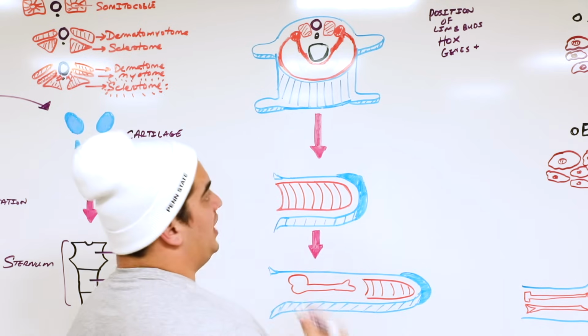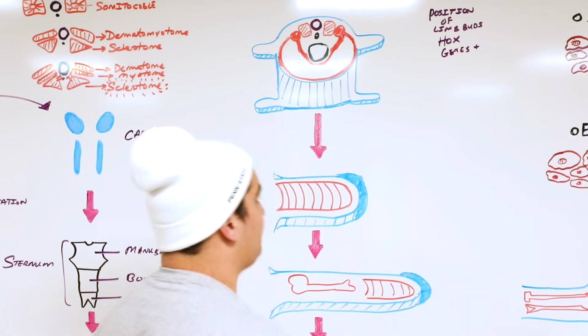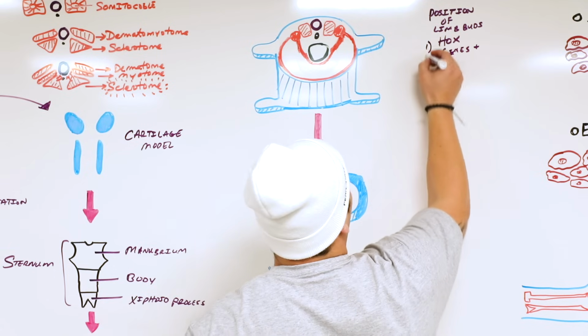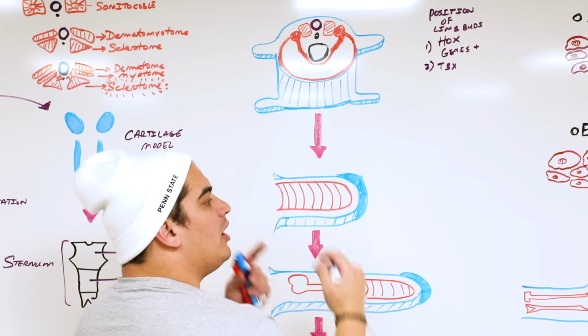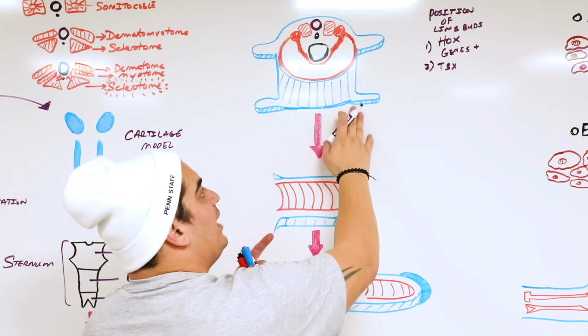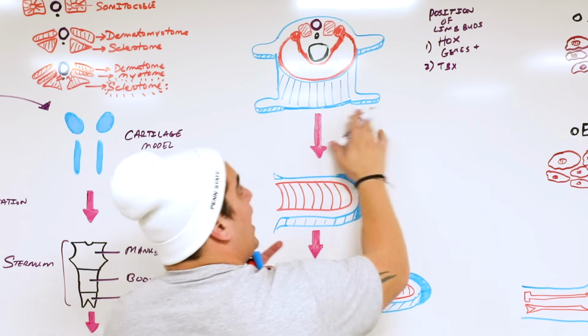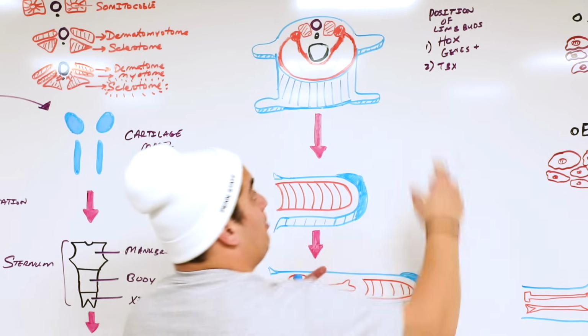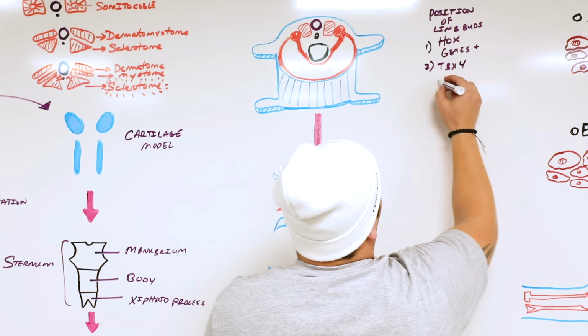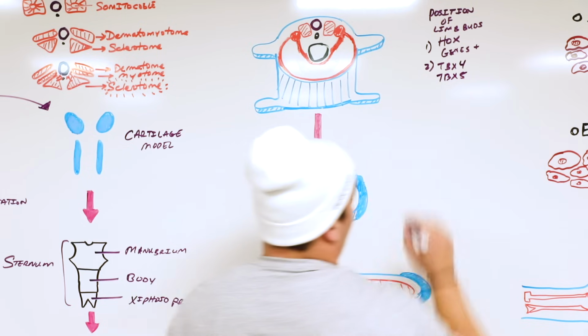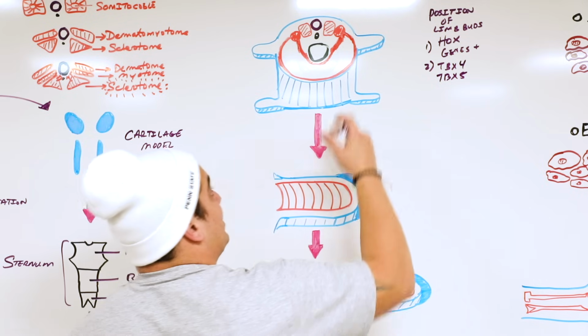Other genes that will be activated in this process are called TBX genes. The TBX genes will determine particularly where the upper limb bud and the lower limb bud are going to come. So the position will be started and initiated by the Hox genes, but the TBX4 and TBX5 genes are really what's going to determine the position of the limbs.